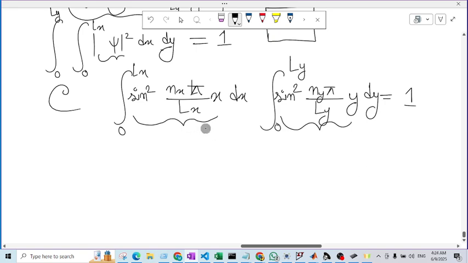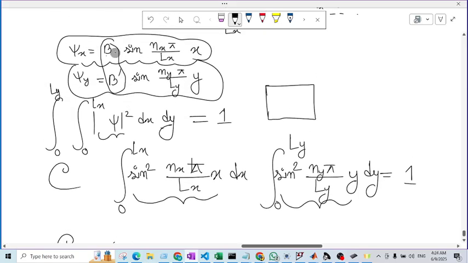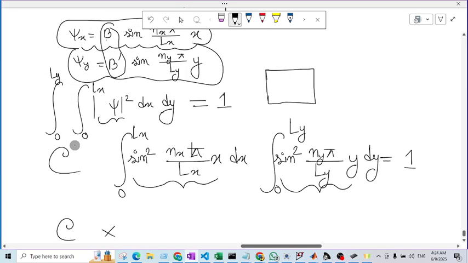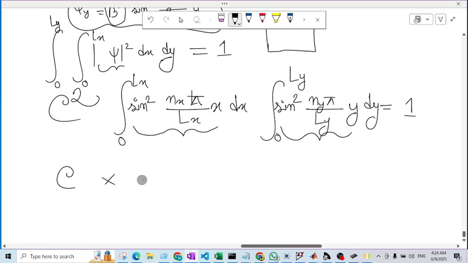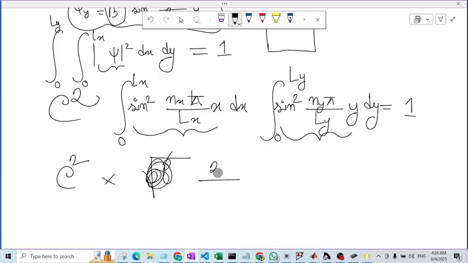Okay, so if you integrate this thing, you will definitely get b square and b prime square will be equal to c square. So you will get c square, here you will get 2 by lx, and here you will get 2 by ly.